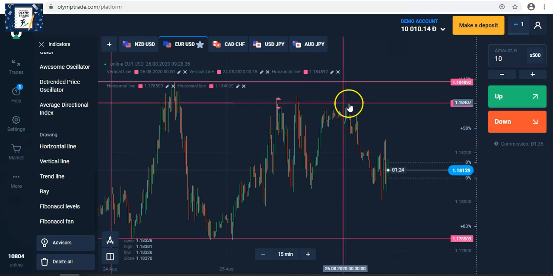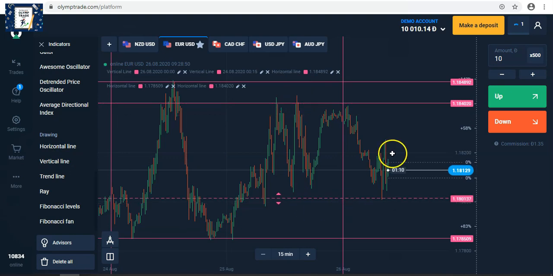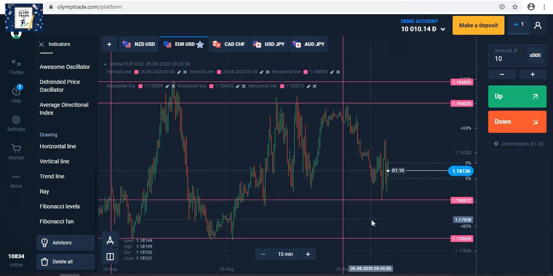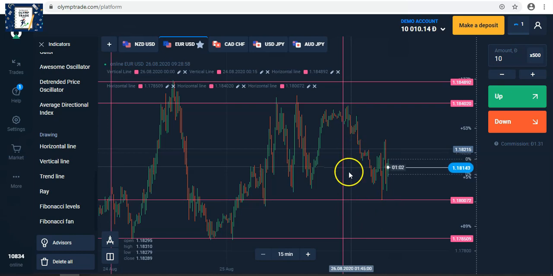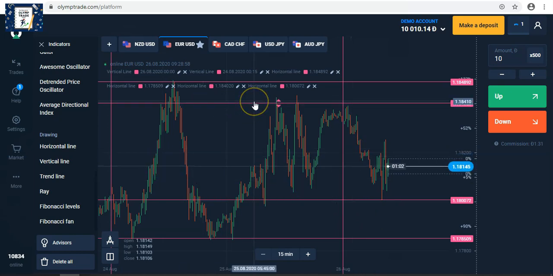We have the high of today, which happened around 1:15 UK time, and then we have here yesterday's high of the day. Then we have today's low of the day.